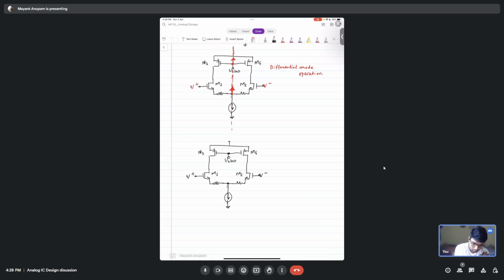Whenever you apply a common mode signal to such a circuit where you have an axis of symmetry, if the circuit is symmetric about this particular axis and you have applied the same input at both its terminals, you have applied the same excitation at both sides.